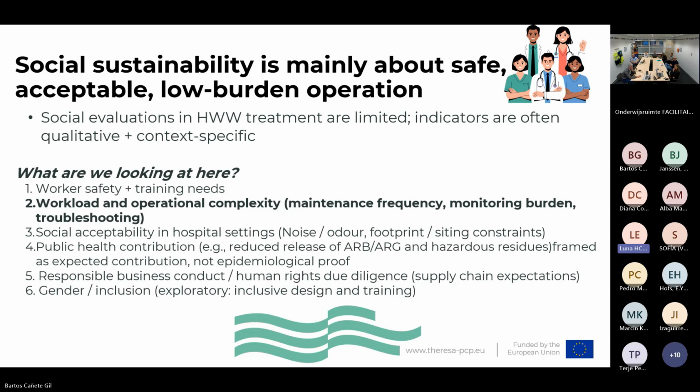Responsible business conduct and human rights due diligence, so these are supply chain expectations, of course, that we expect suppliers to have. And finally, something that's a bit exploratory but worth mentioning in social sustainability is gender and inclusion, so inclusion in design and training as well. Next slide, please.